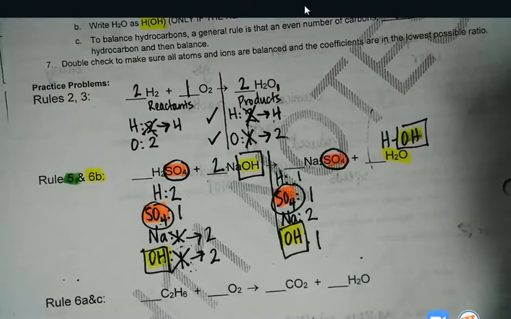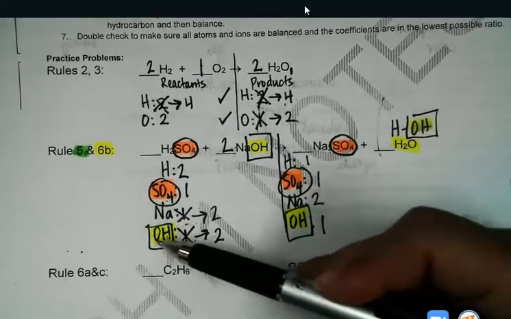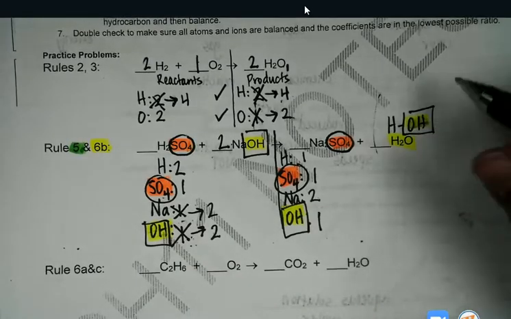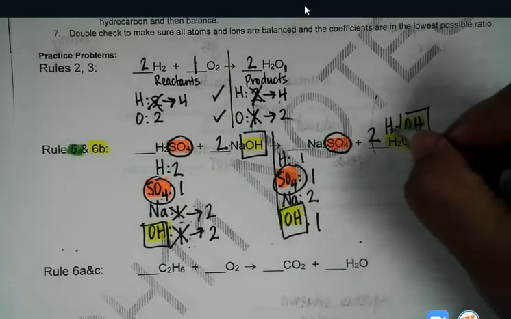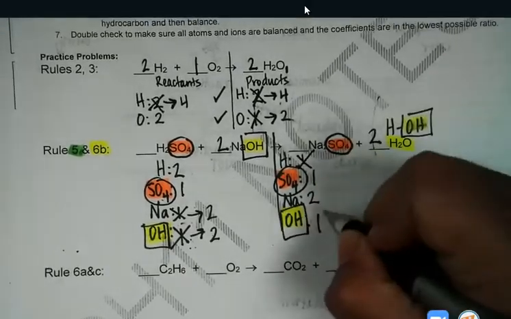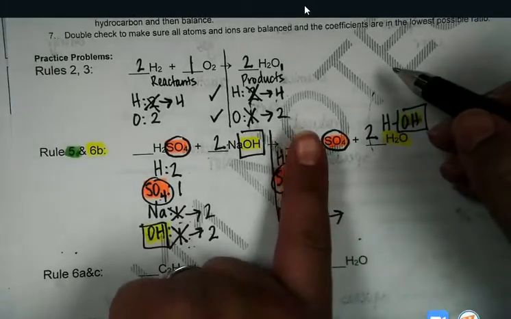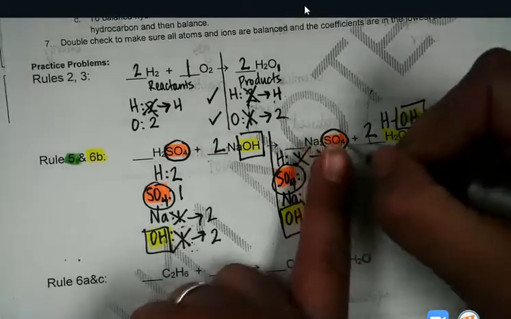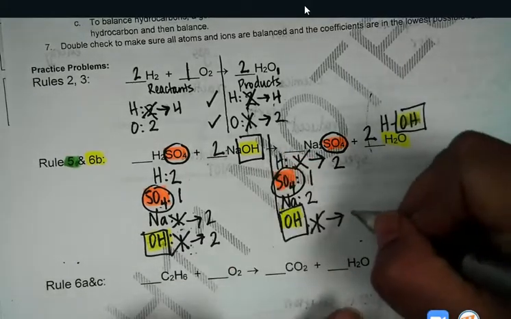So I did that work. Now my Nas are balanced, but now my H and OHs aren't balanced. But I can go ahead and work with my OH. 2 here, 1 here. So what do I need here for them to balance? I'm going to put a 2. The 2, though, changes everything after it. So it changes the H and the OH. So I cross this out, look back at the reaction. So now, don't look here, look over here. 2 times 1 here is 2. 2 times 1 OH is also 2.